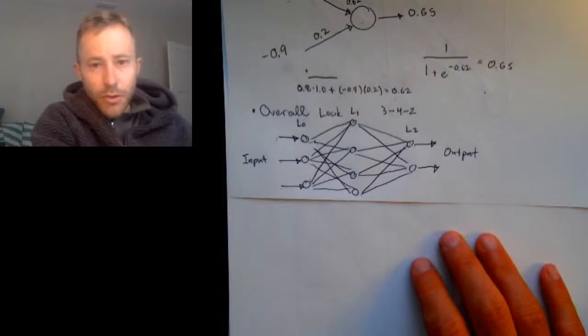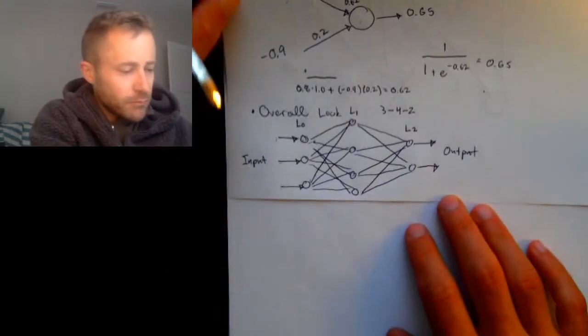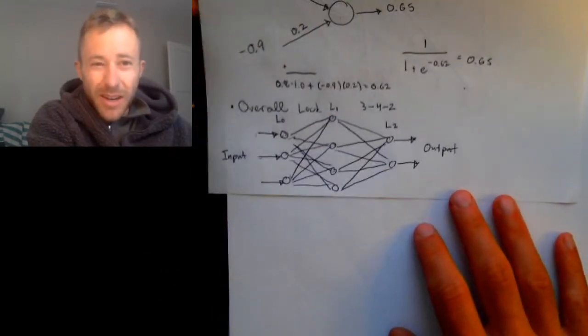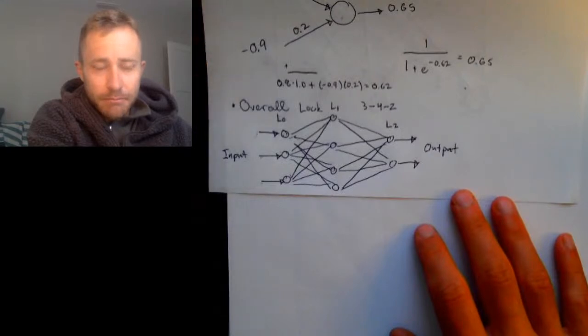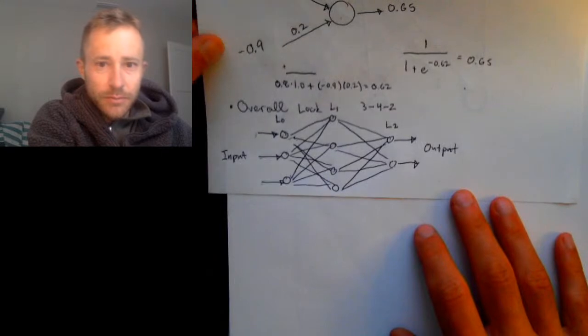Now, you could have, so like maybe you have, I don't know, what if you had an image that was, let's say, 1024 pixels, okay?